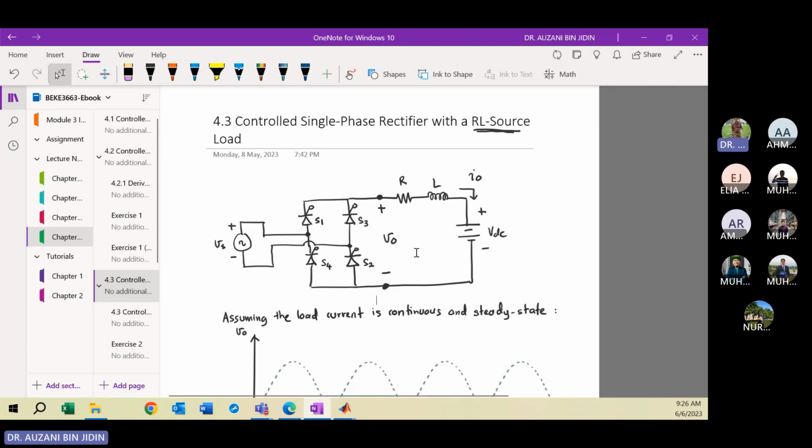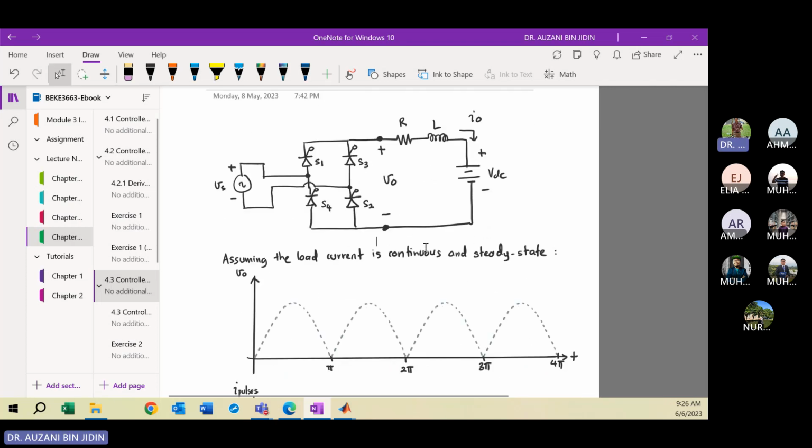Okay, so for this case, the load consists of L, the inductor. The inductor is one of the energy storage elements. So you must understand the behavior of the current when it flows through the inductor, where the current cannot immediately change, same as the voltage.